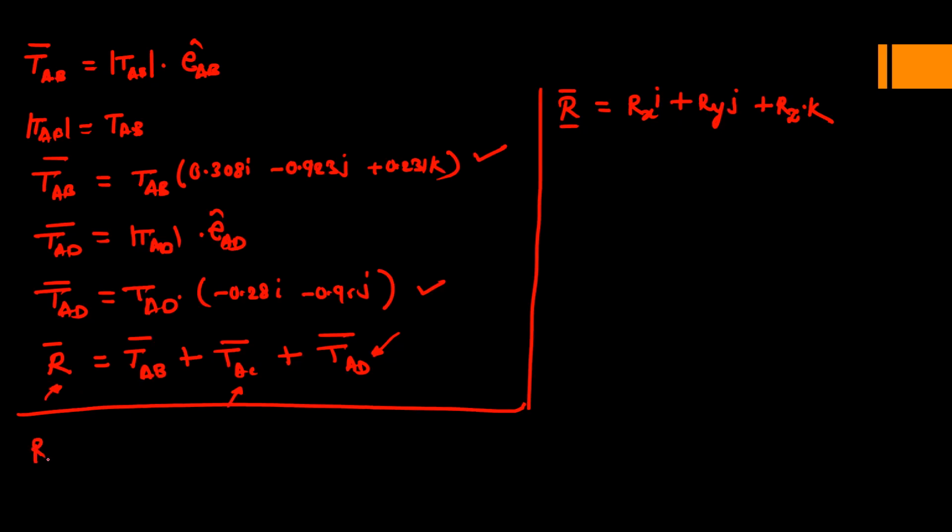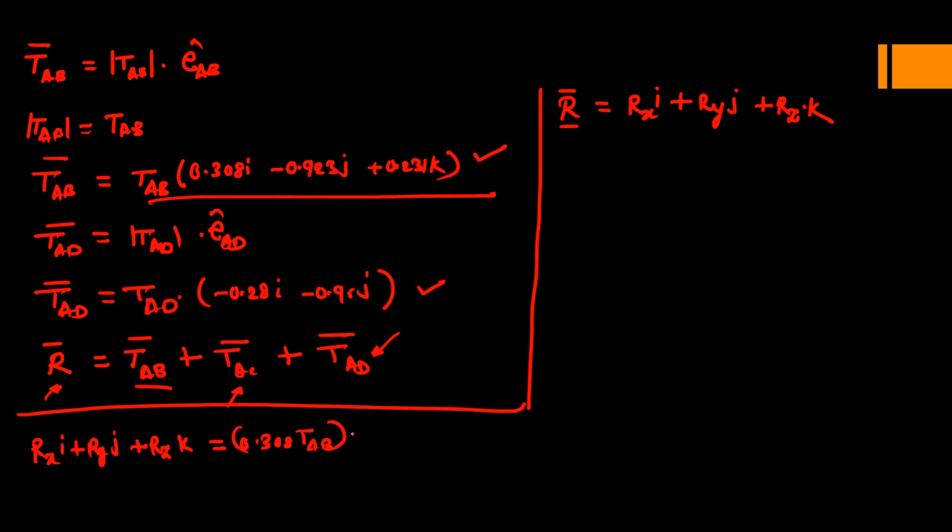So you will get the equation Rx i plus Ry j plus Rz k, equal to the following. Put in the value of tension AB: 0.308 tension AB unit vector i minus 0.923 tension AB unit vector j plus 0.231 tension AB unit vector k.